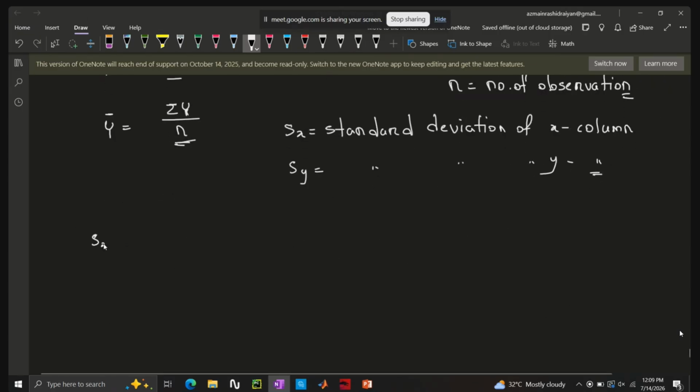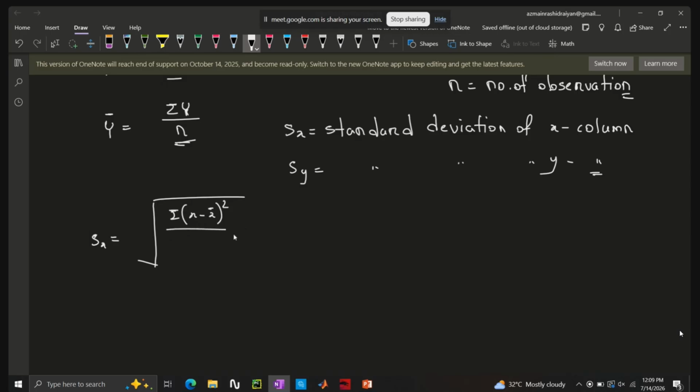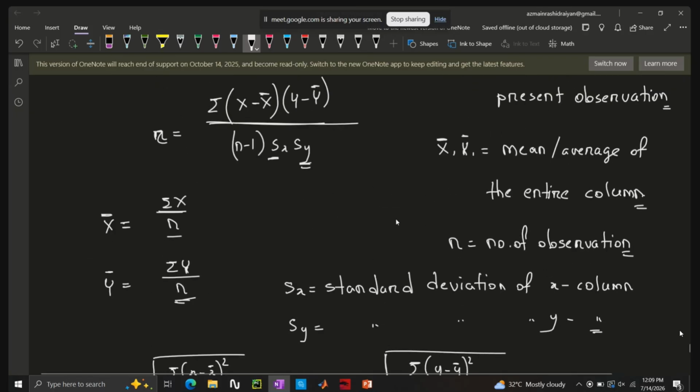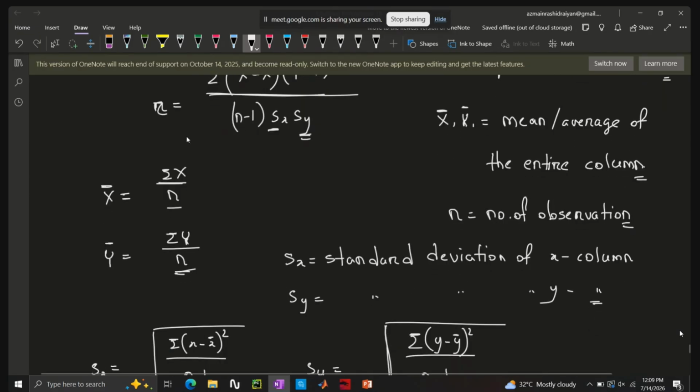Sx will be the square root of the summation of X minus X bar whole squared, divided by N minus 1. Similarly, Sy will be the square root of the summation of Y minus Y bar whole squared, divided by N minus 1. This is how we find the standard deviations of the X column and the Y column respectively. So I think we know pretty much how to find each and every value.